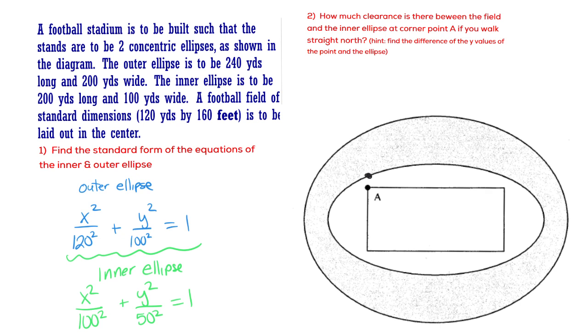Now, let's look at the dimensions. We should be able to tell what this coordinate here is for A, and that should help us work on the coordinates for B. So A is the corner of our football field. So the corner of the football field is 120 yards, because that's including your end zones, 120 yards by 160 feet. Okay, that's a little bit problematic to have that in feet when everything else is in yards.